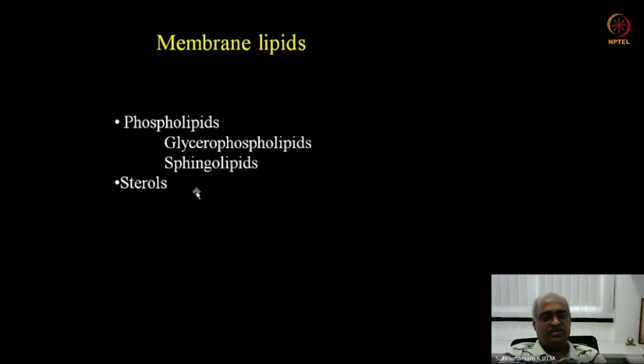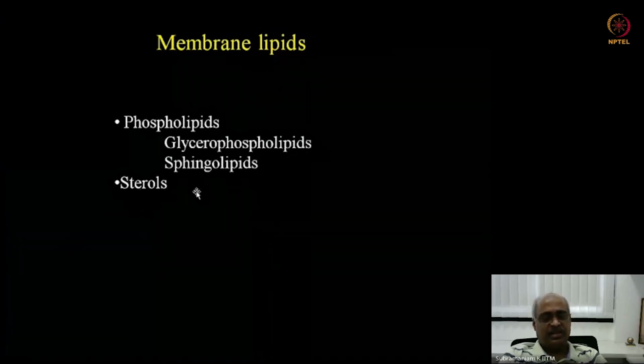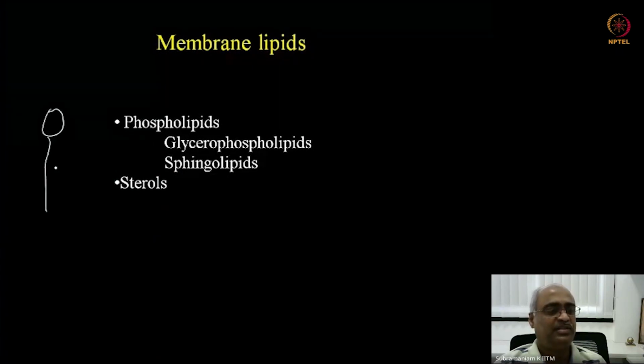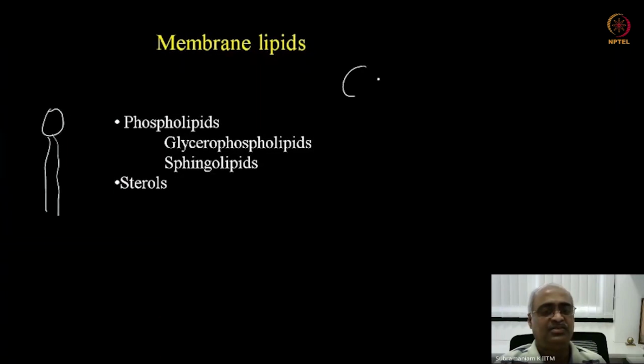Two of the alcohol groups in glycerol can have acyl moieties with free fatty acids, and that's how you get this structure. So this is the glycerol head group, and these are the two acyl moieties that we draw. Essentially it is this structure.